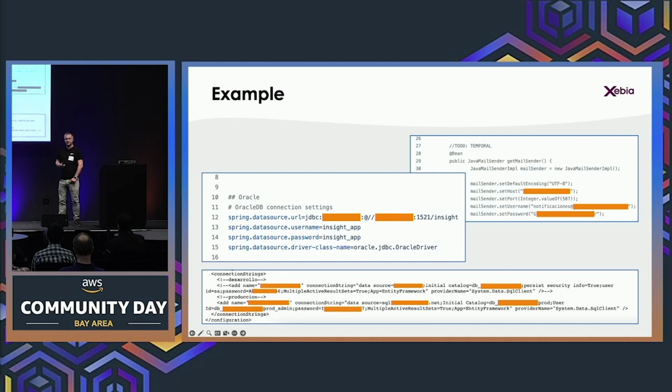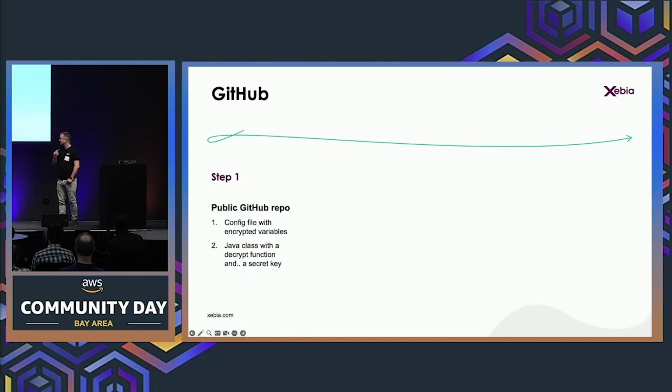Now it's a bit harder to push credentials, because GitHub prevents you from doing that unless you are smarter than GitHub and you encrypt the values of a config file. But yeah, let's go to it. So I found a public repository with a config file that has encrypted values. Something interesting, something different than the tons of plain text credentials.